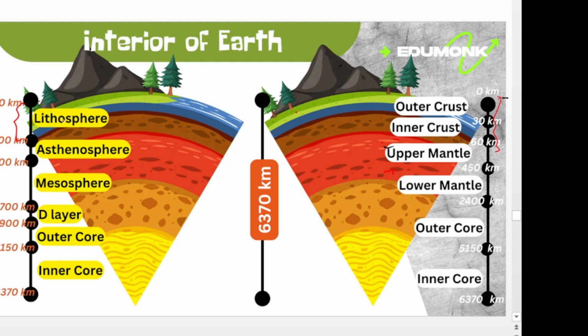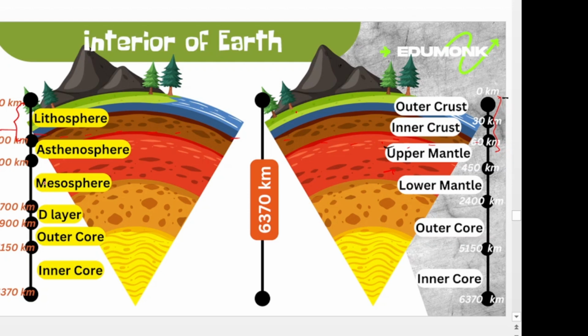These are all part of our lithosphere. Then the asthenosphere is between 100 and 400 kilometers. Here you can see it is between the upper mantle and lower mantle. So you can say that the asthenosphere lies in between the upper mantle and lower mantle, and is part of the mantle.